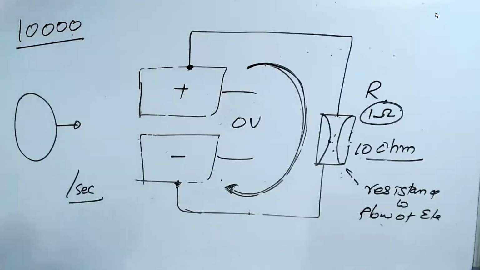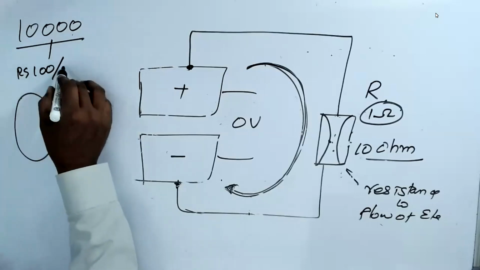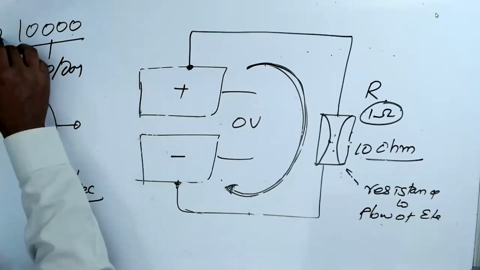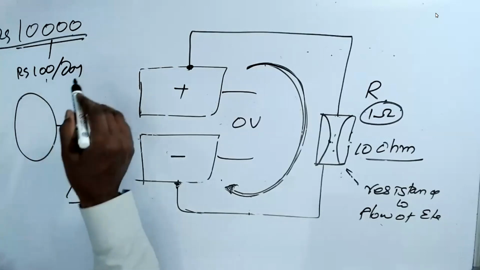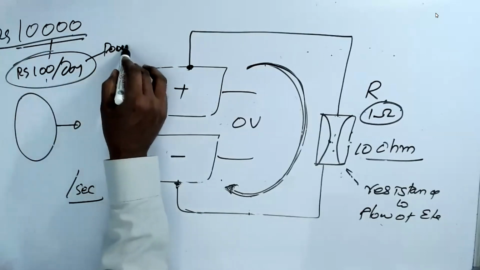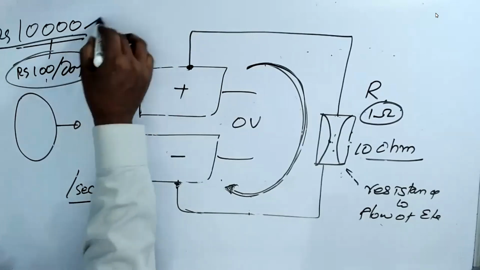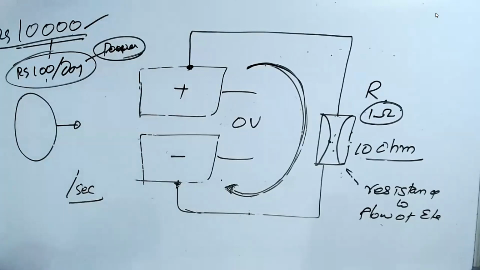That is my energy. I spend 100 rupees per day. This is my power of spending. My power of spending is 100 rupees per day.